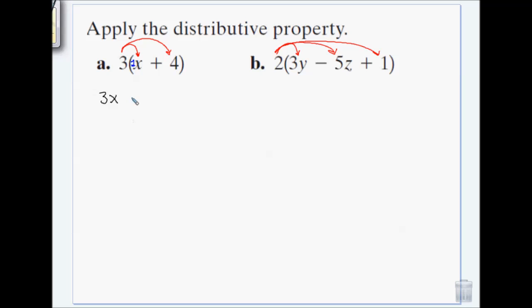If there's no number on the letter, it's a 1. So 3 times 1 is 3. 3 times 4 is 12. So I do 2 times 3, so I get 6y. 2 times 5 is 10z, and then 2 times 1 is 2.